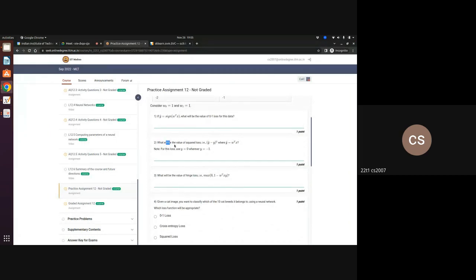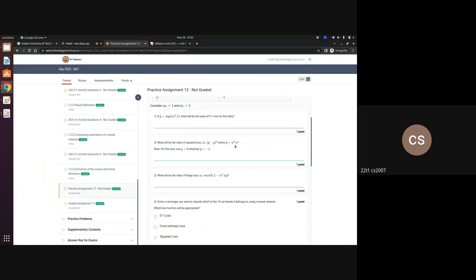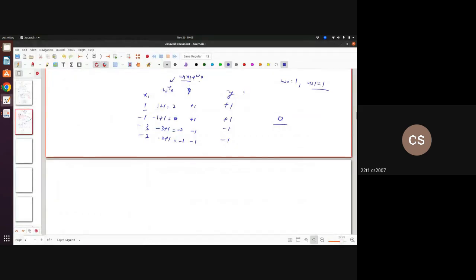Right? Next one, what is the value of squared loss? What is y hat? Y hat is W transpose X, and we already have these values. W transpose X minus Y is what we have to compute. For this loss, use Y equal to 0 wherever Y is equal to minus 1. So this is the Y that we have to use.